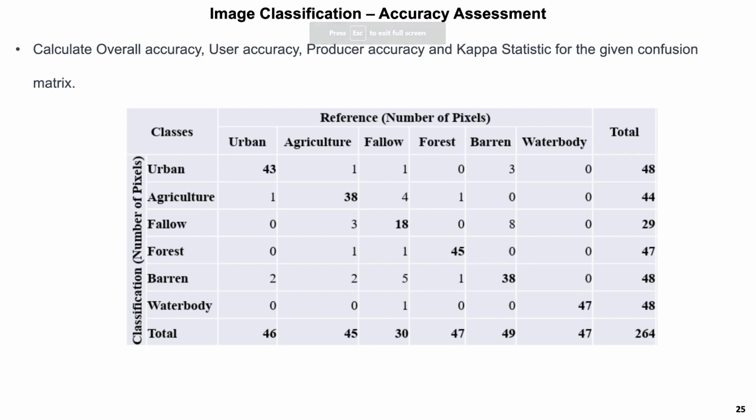This particular output you will get as a result of your classification in QGIS. I will try to show a small classification demo maybe in the next session, so that you can get all the results in a single file. In this, we need to find out the total number of pixels. First we are going to calculate our overall accuracy.